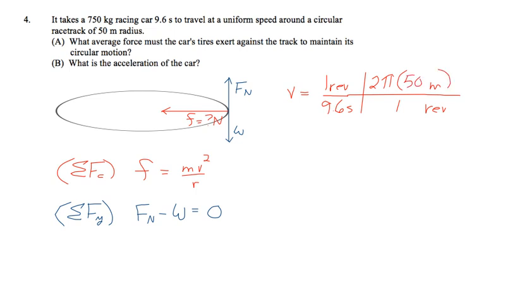So if I solve that, I'm going to have all the numbers that I need to actually get the average force that the tires must exert against the track, which is the friction. So what do you get when you solve this? It's 2 times pi times 50 divided by 9.6. 32.7.